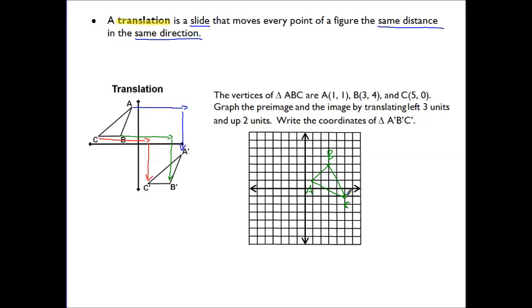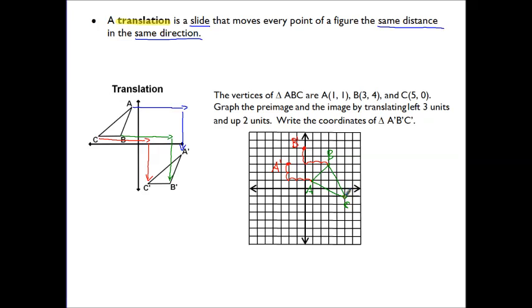And now we are going to move each point 3 steps to the left and 2 steps up. So going from A, 1, 2, 3 to the left and 2 up, we get to A prime. From B, 3 steps to the left, 2 steps up, we get to B prime.